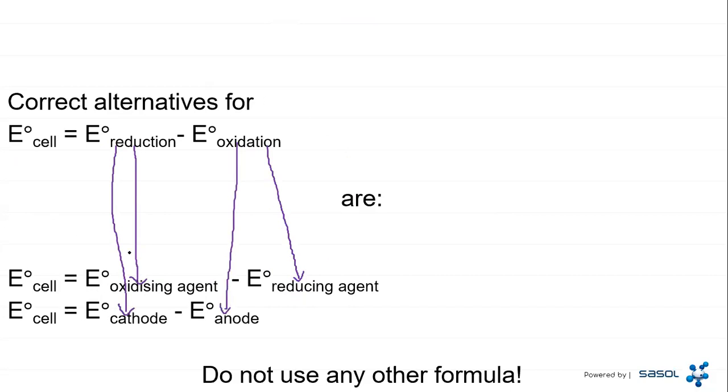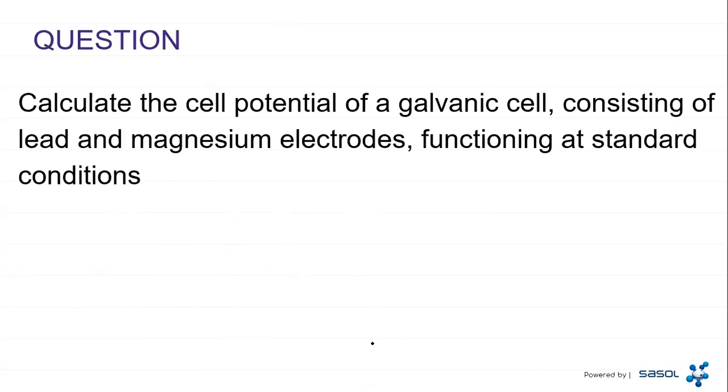So any of these mean the same thing. It's just that we write the different alternatives. And even here, my learners, you will write cathode in full, cell in full, anode in full. No abbreviations. Cell in full, oxidizing agent in full, and reducing agent in full altogether.